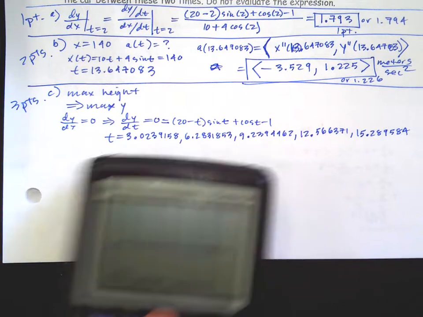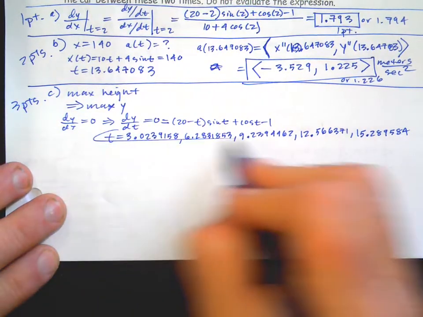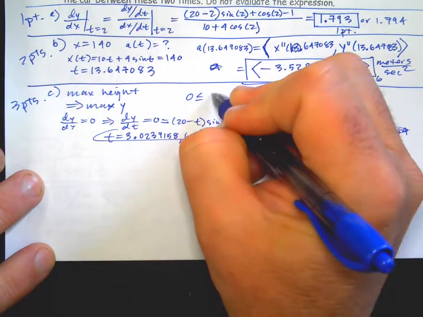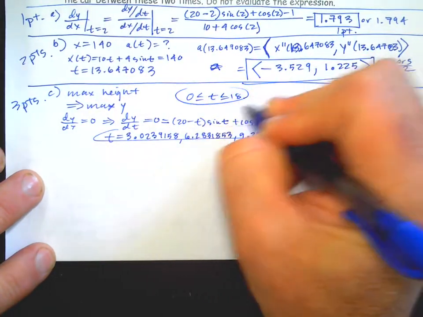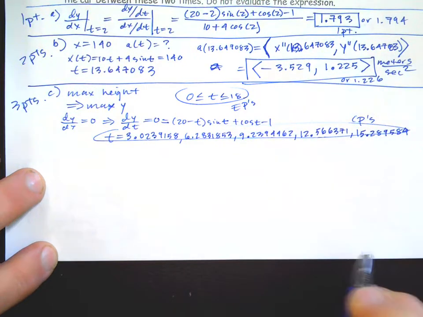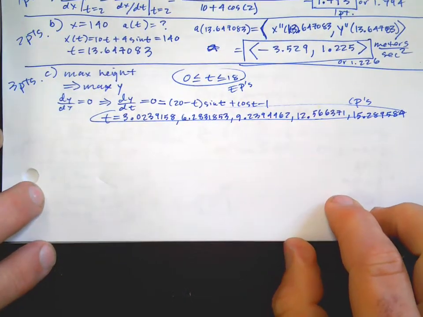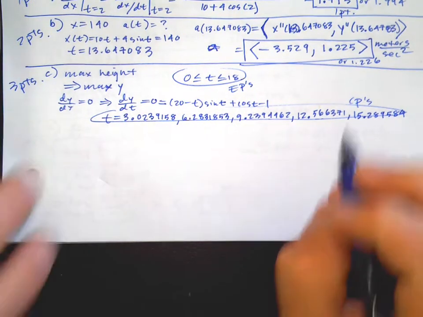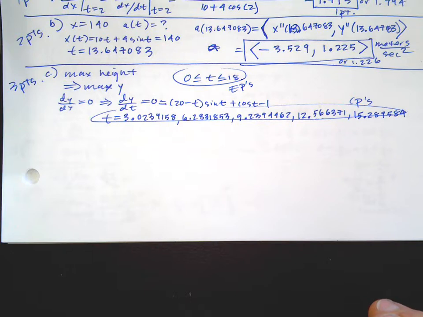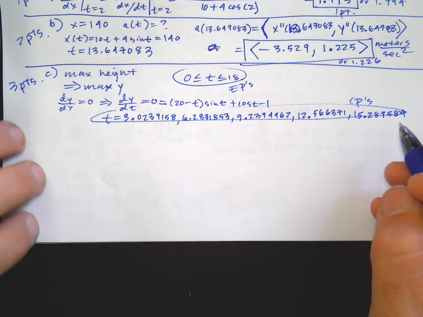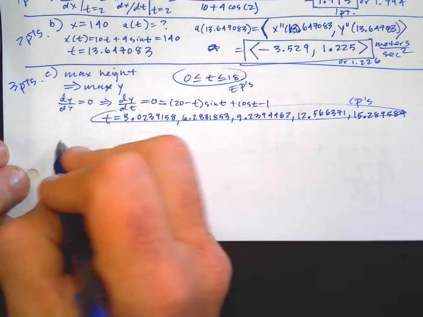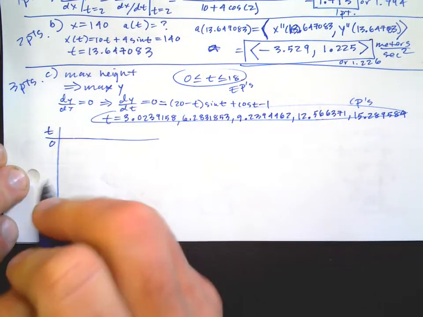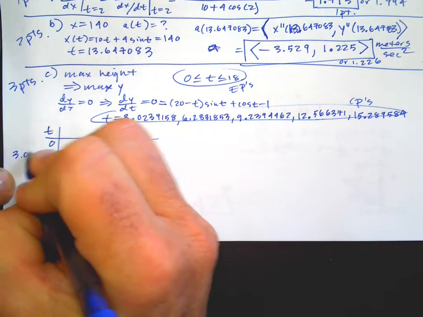Wow, that's a lot of critical points. We have endpoints. Endpoints are 0 to 18. And so then we need to make a table of endpoints and critical points.